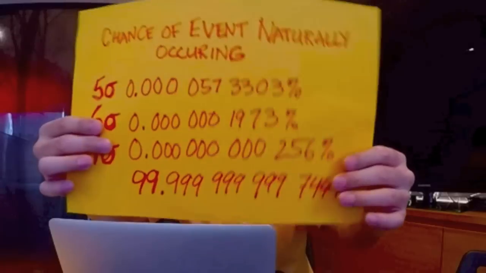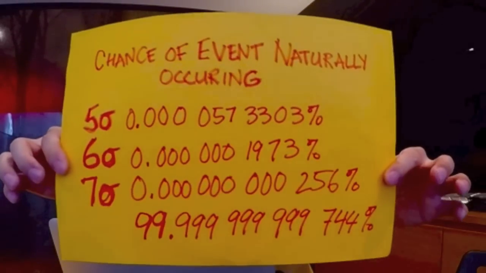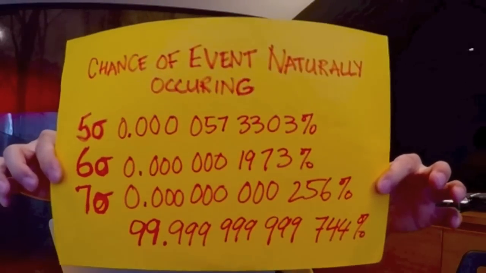They believe that the type of price movements we've seen, that have been 5, 6, 7 sigma events in gold markets and the gold futures markets, that have these type of probabilities, they believe that a 0.00000000256% probability event is natural, and they said there's no manipulation taking place.